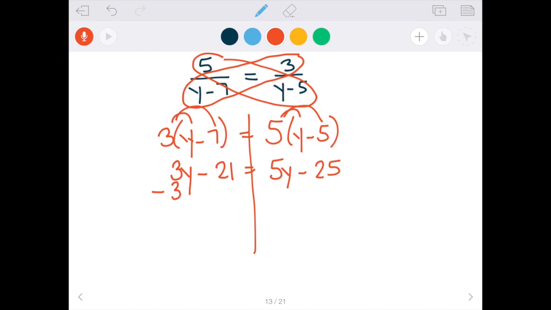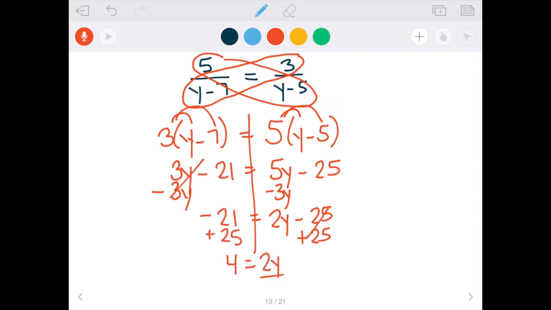Always eliminate your variable first, so I'll eliminate my smaller variable, negative 3y. Zero pair my constant of 20 plus 25. And divide by 2. Y equals 2. Okay.